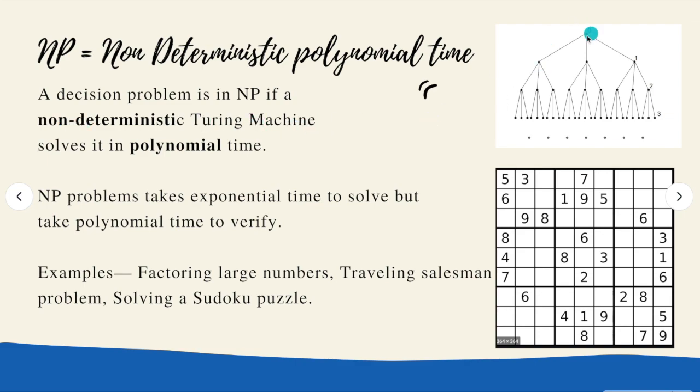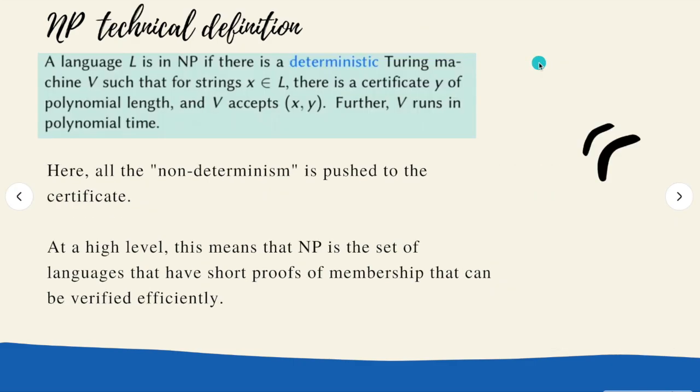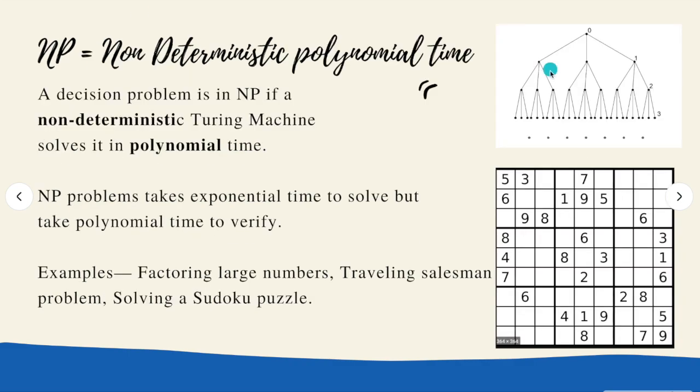If you do not have an understanding of non-determinism, just assume you're here and you have to make a decision. If you pick choice 1, you're here, if you pick choice 2, you're here, and if you pick choice 3, here. Basically you have arms, and assume that you're able to clone yourself 3 times at this particular point. This is impossible in real life, obviously, but non-determinism allows you to do that.